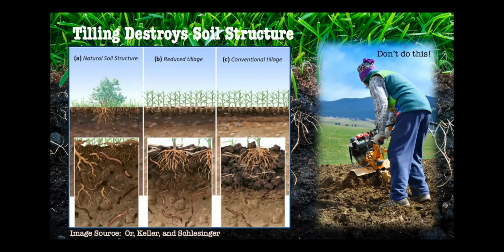Plant roots are growing, and the soil is nice and rich and dark because there are lots of earthworms and things making tunnels. You start tilling, you mess up all those paths, and your soil ends up getting more compacted. It destroys the structure, and the organic matter of the soil is reduced when you do this.